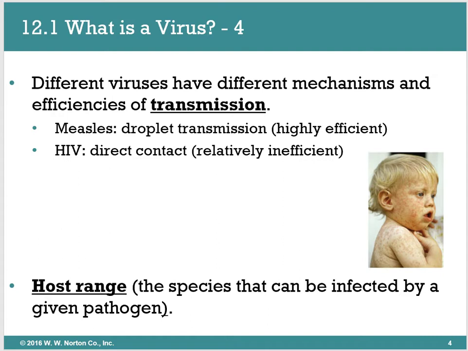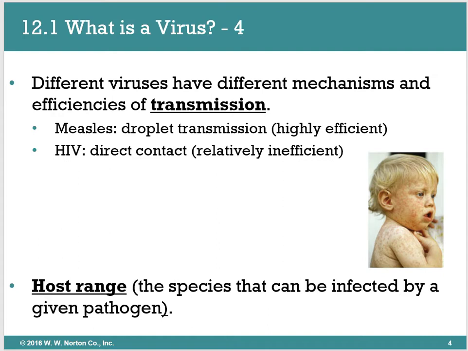Skin to skin contact includes bodily fluids, whether it be blood, vaginal fluid, semen, spit. That all includes direct contact. Whereas measles prefers droplet form, so that's a lot more effective because you don't have to come in contact with somebody who is infected at the time.